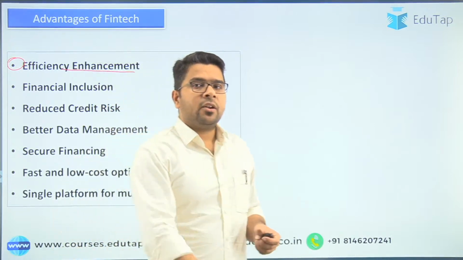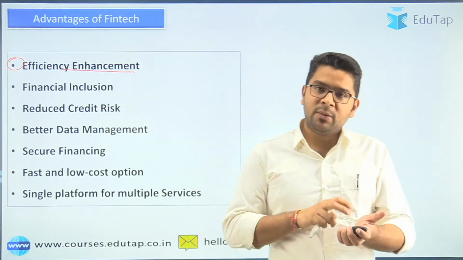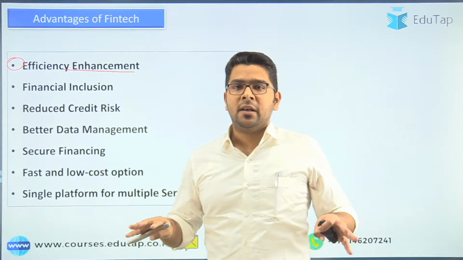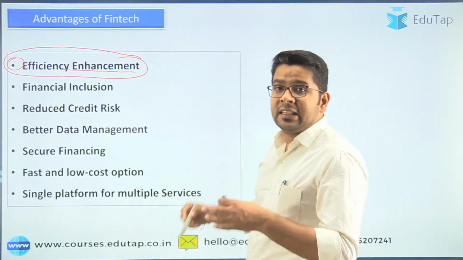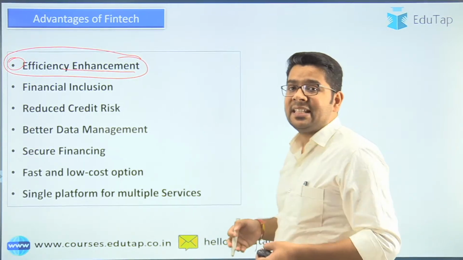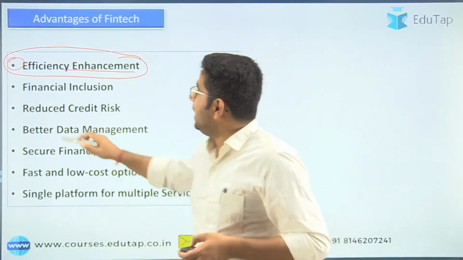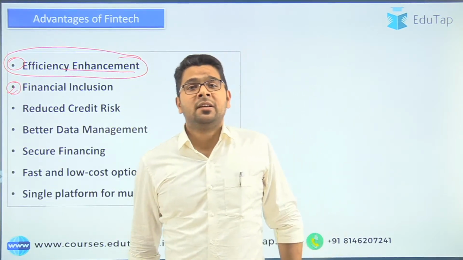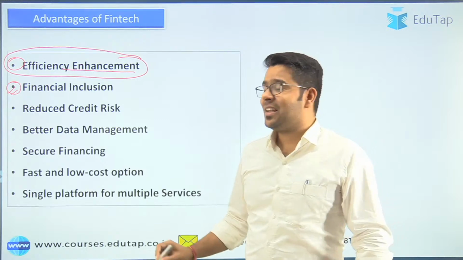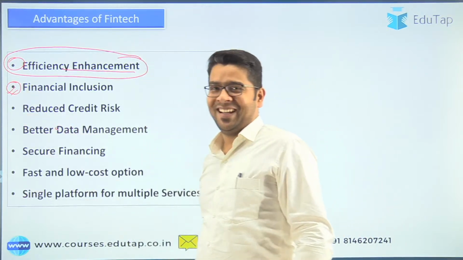But through the application of technology, now you just take out the mobile, do the transaction, and it's done. So definitely technology has increased efficiency. Then the next point is financial inclusion. I will not explain this, as I took the whole previous session on it.